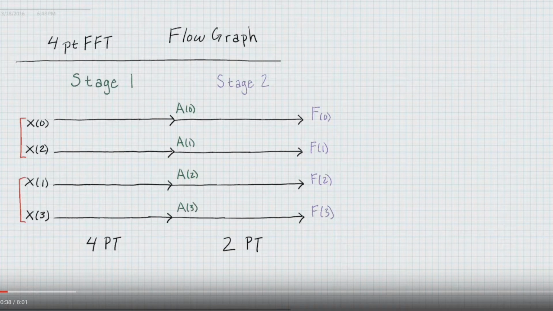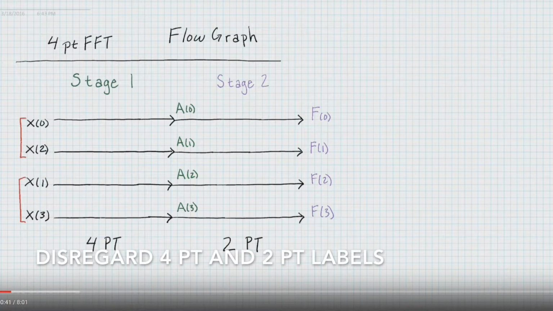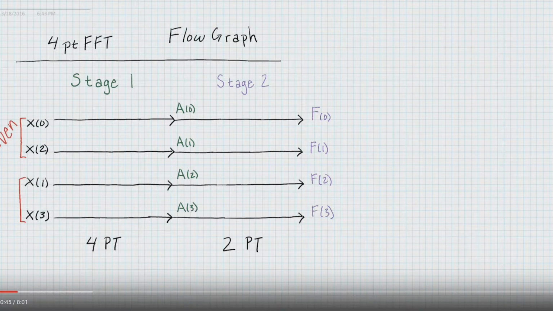So we'll notice again that these first two will be our even components, much like how we did our 2-point in our previous videos. And these bottom two will be our odd. And that comes from our actual signal that we input into the DFT. So x of 0, 2, x of 1, 3, even and odd.